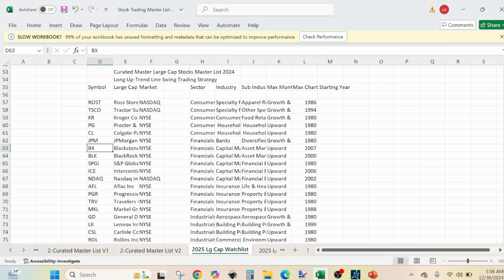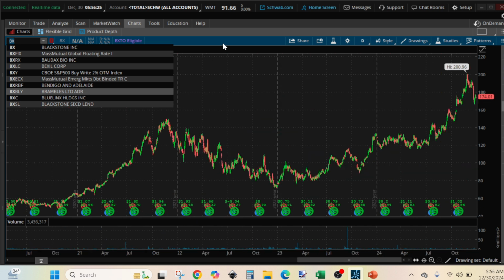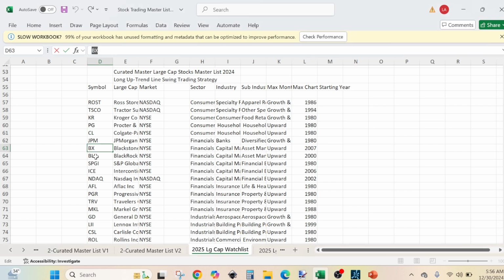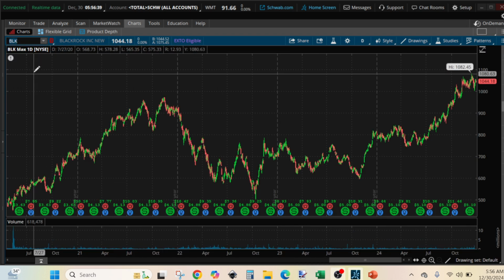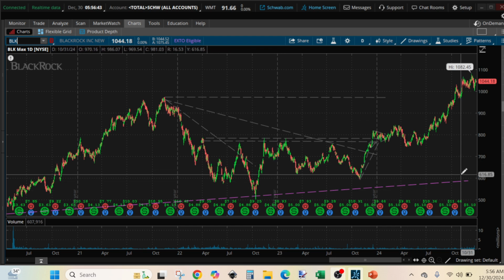BX is nowhere near the line. I switch to maximum daily chart. BLK is nowhere near the trend line you like to get in.